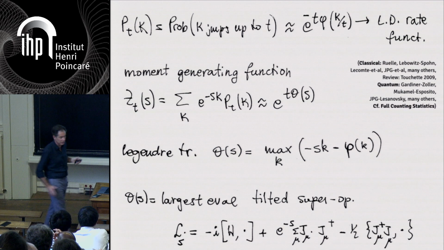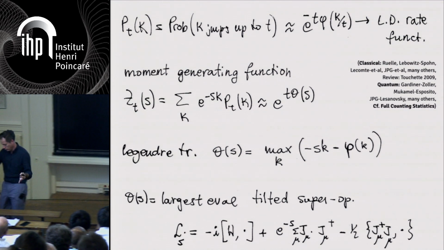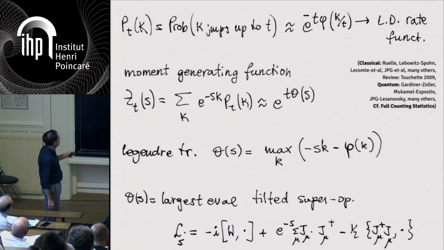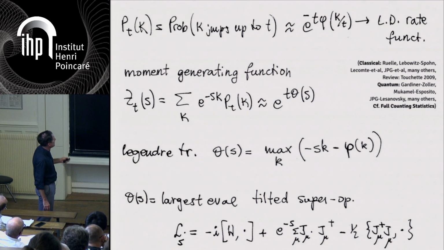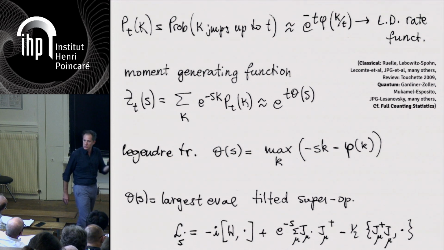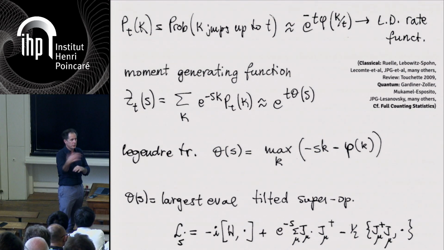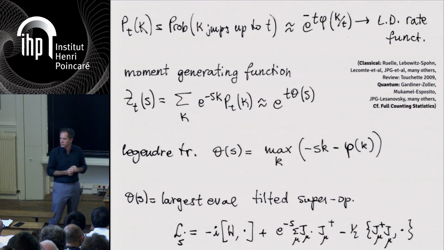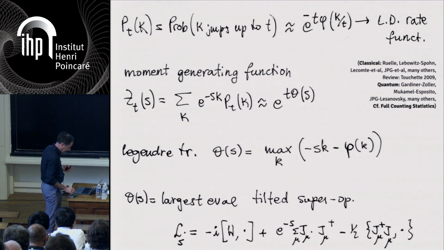So the form of the tilt depends on what you're counting, the statistic of what you're trying to get. But then the largest eigenvalue of this tilted operator is that free energy for trajectories. So this reduces the problem from calculating a partition sum over trajectories to diagonalizing an operator. Still difficult, but slightly easier. Again, analogous to classical StatMech.